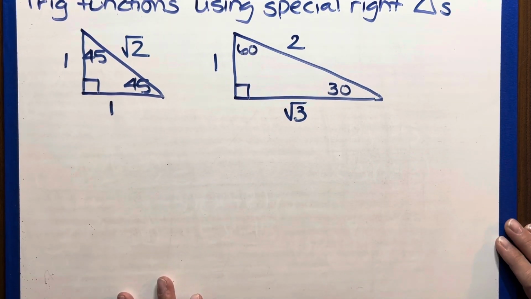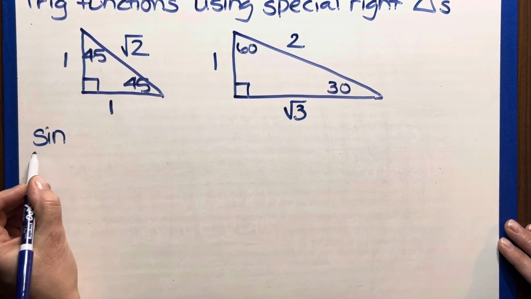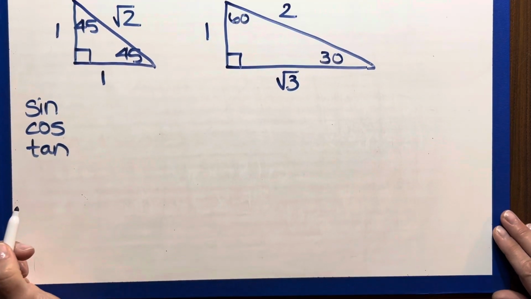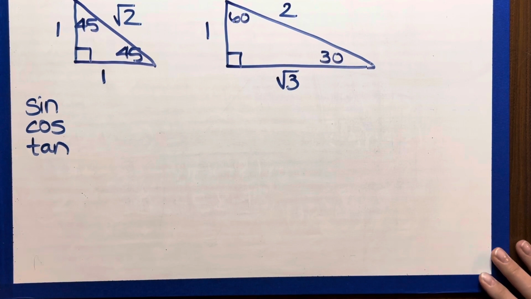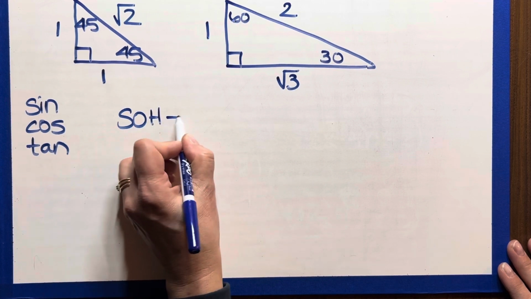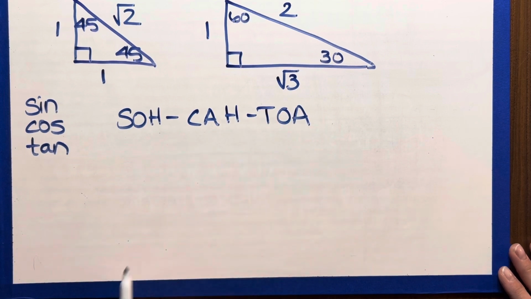So for trig functions, most of the time, if you're using them for the unit circle, you are going to want to have the sine, the cosine, and the tangent. And if you remember from any previous trig work, we will use what's called SOHCAHTOA to help us find these values.